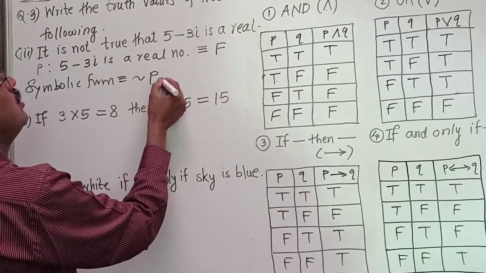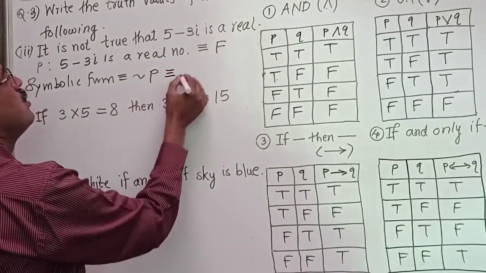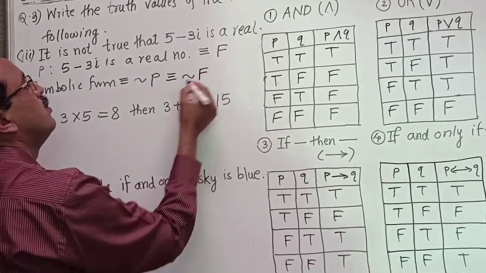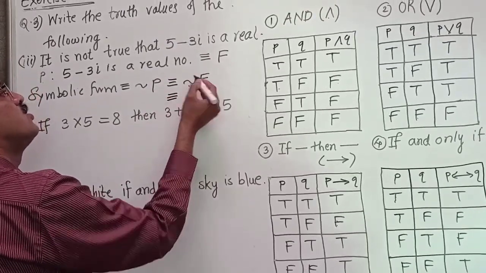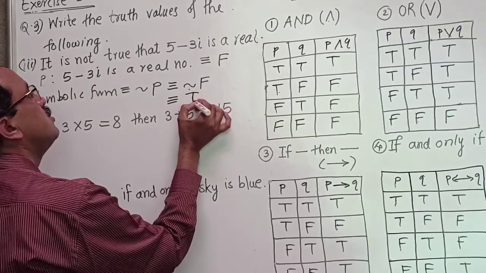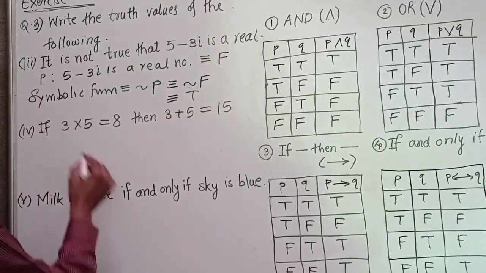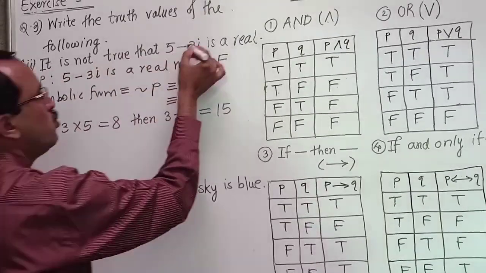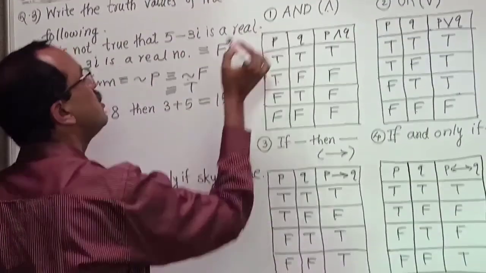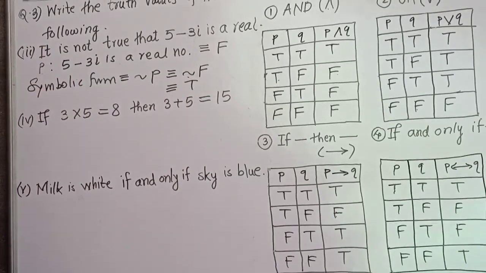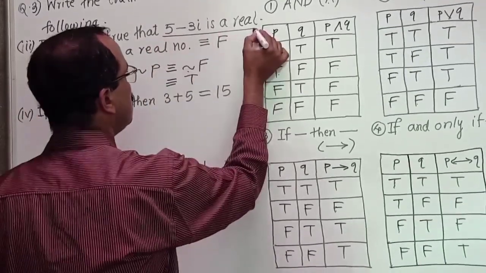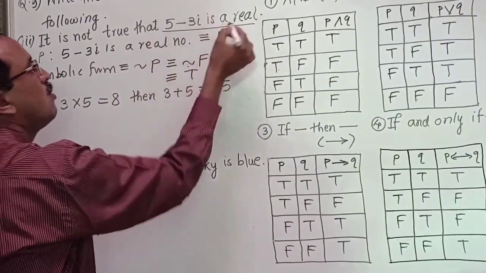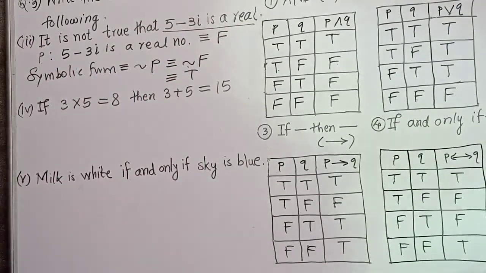So negation P. Here the value of P is F, so negation of F means it is true. So the truth value of this statement, it is not true that 5 minus 3i is a real number, is true. This statement P is false, but it is not true that, so it is negation of false. That means we get true.